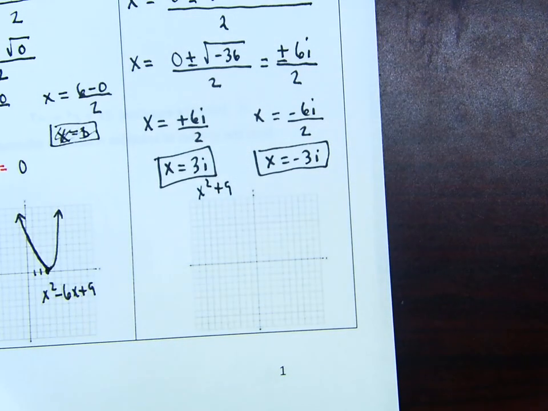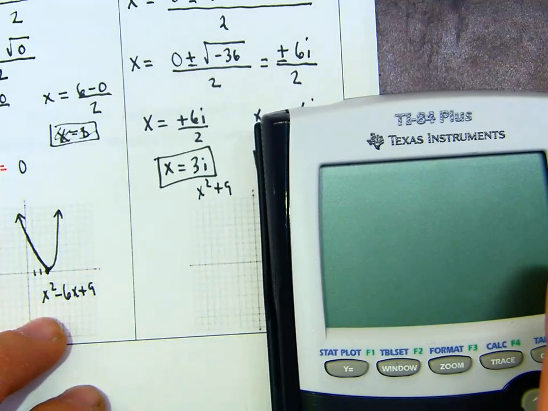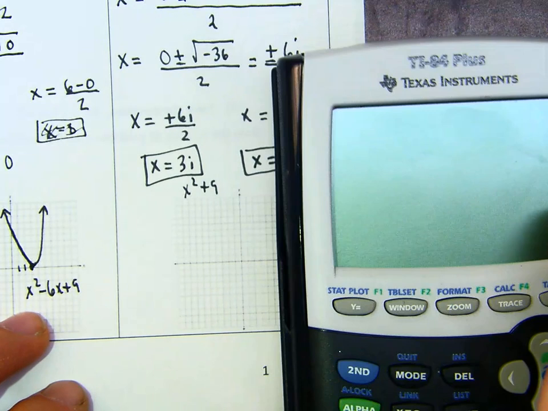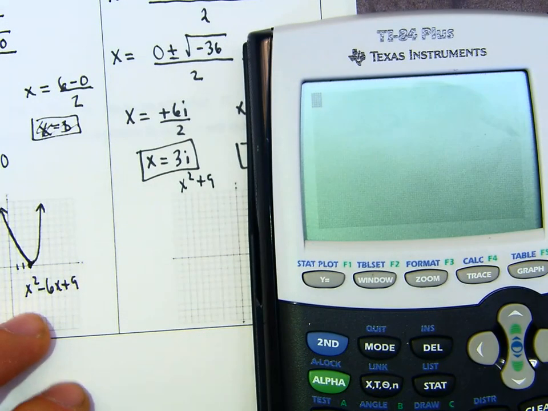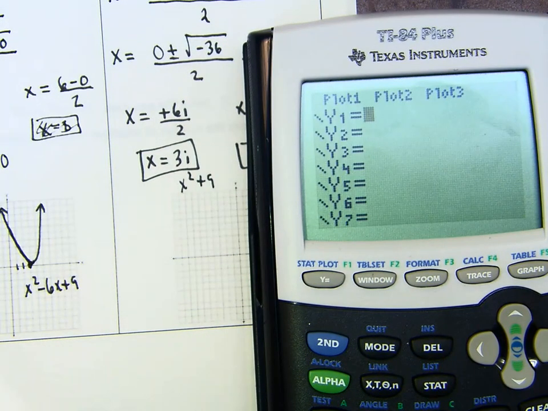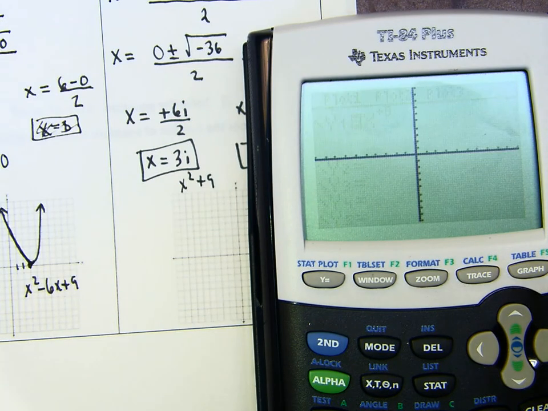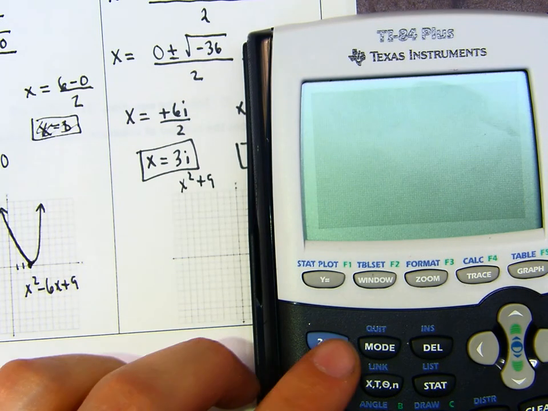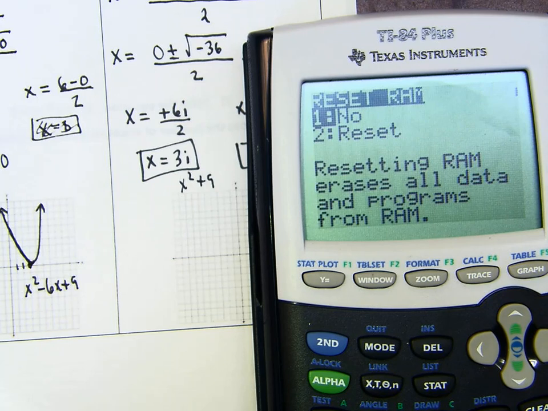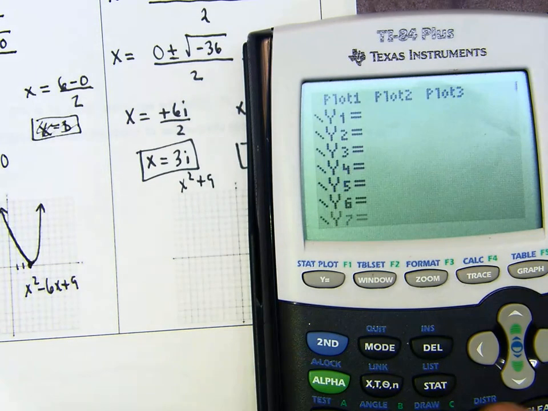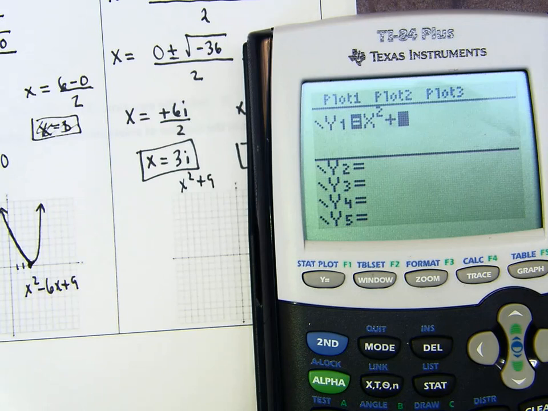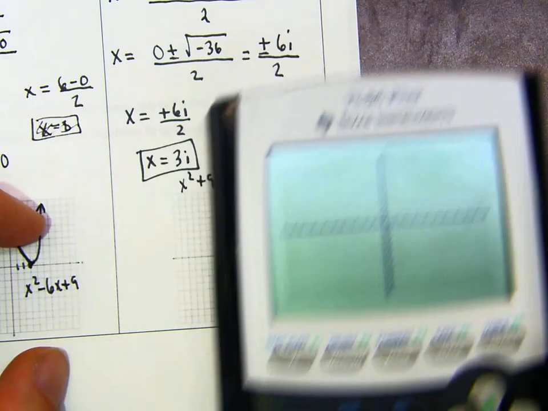If you actually use a calculator to graph it, and we could graph it right now, what does x squared plus 9 look like? Let's see. If I go y equals x squared plus 9, graph.